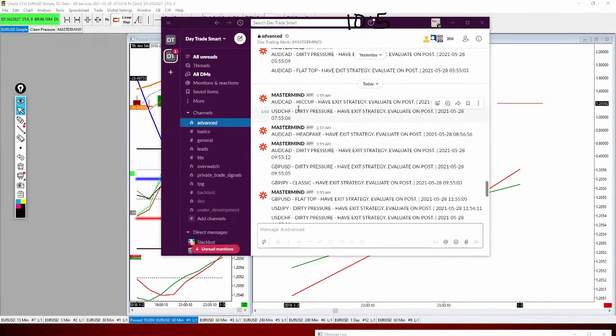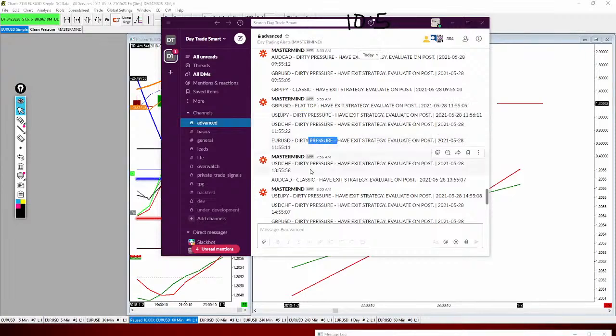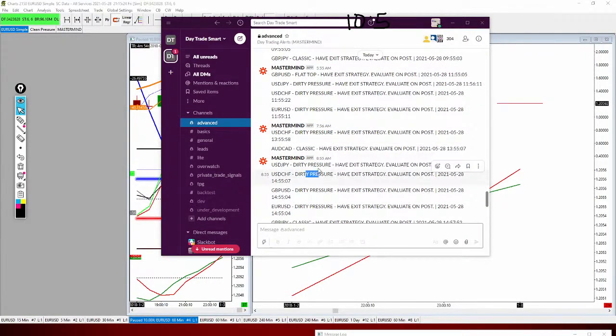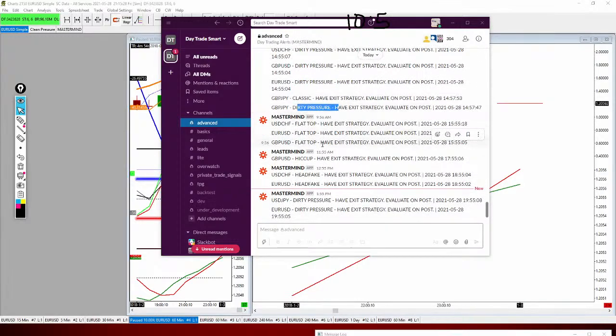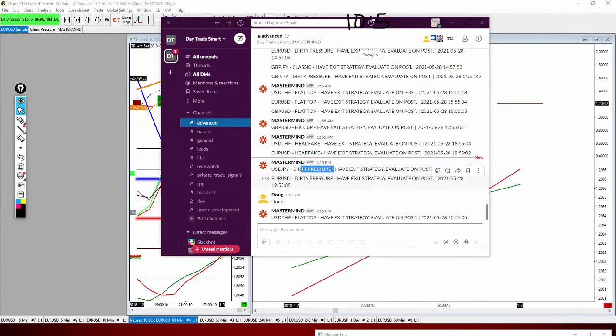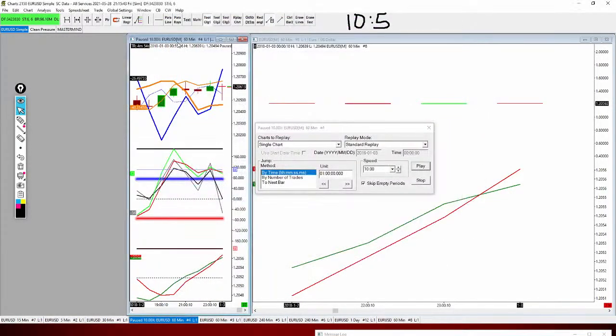So let's see, 1, 2, 3, 4, 5, 6, 7, 8, 9, 10, 11, 12, 13, 14. 14 times today we sent out notification for dirty pressure on 6 different currency pairs. So that's definitely enough indication in there, enough opportunities in there to knock down even just a couple of them, right?